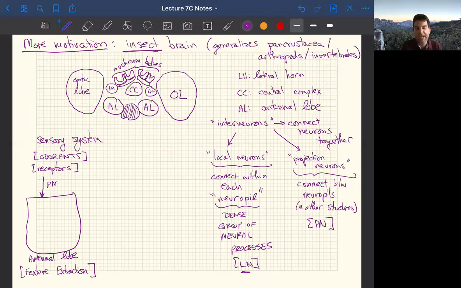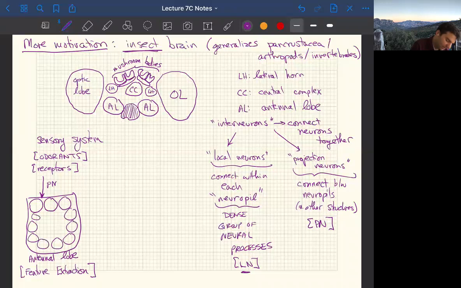What do I mean by that? If you look at the antennal lobe, it has all these little bundles, around 50 of them, called glomeruli.